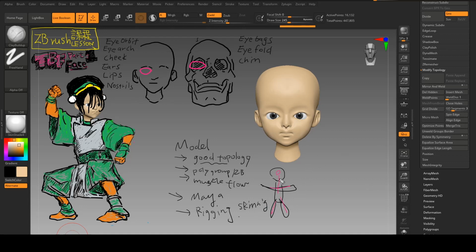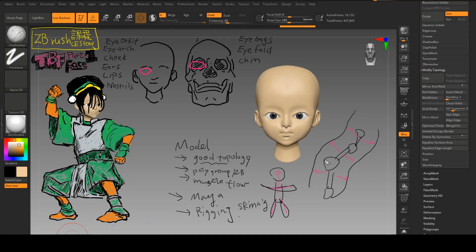Skinning means there's a bone, and also the outer shell is the skin. And skinning means this bone is attached to skin.